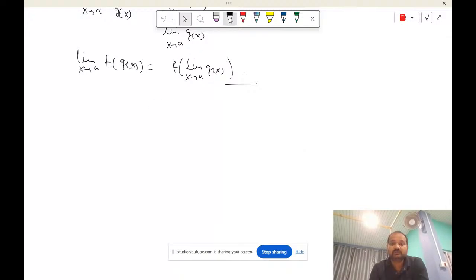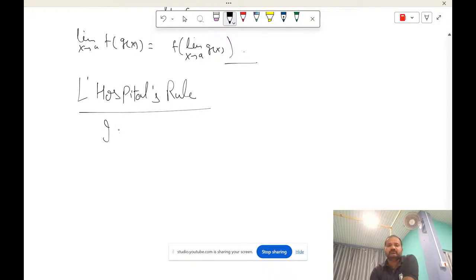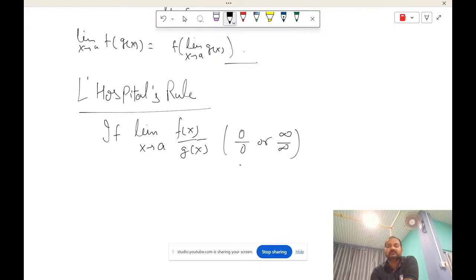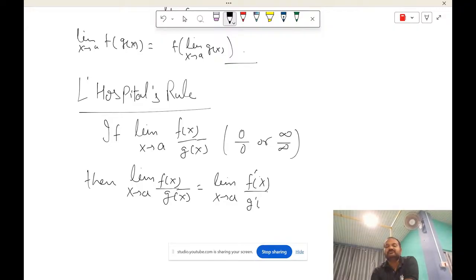So in today's class, we will study the L'Hospital rule. What this rule states is that if two functions are given, and the limit is given in the form limit x tends to a, f(x) divided by g(x), and it is in the form of either 0 by 0 or infinity by infinity, that is, after substituting the value x tends to a, the limit gives 0 by 0 or infinity by infinity, then its value will be equal to limit x approaches a of f dash x divided by g dash x.